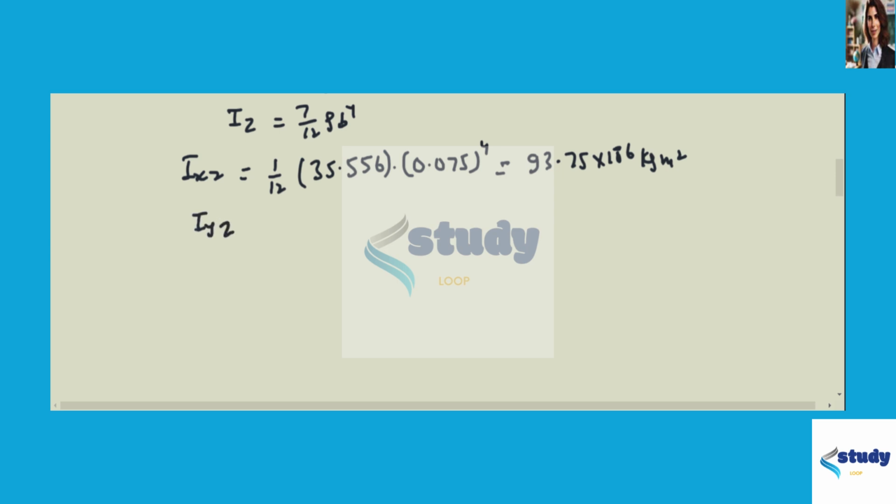Iyz you may find as minus 1 by 24 into 35.556 into 0.075 whole to the power 4, so negative of 46.875 10 to the power minus 6 kg meter square.